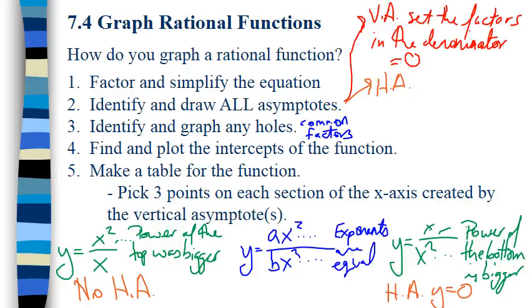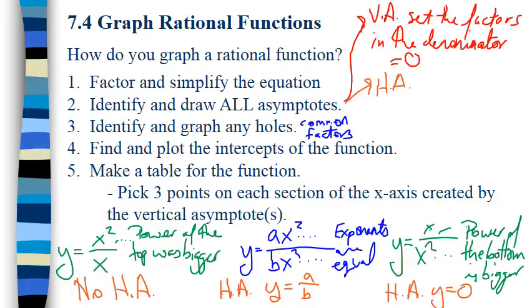When the exponents are equal, we end up with a horizontal asymptote that is the ratio of the coefficients, that is y equals a over b. So for example, in our first example, if we had had 3x over 2x, our horizontal asymptote would have been 3 over 2.